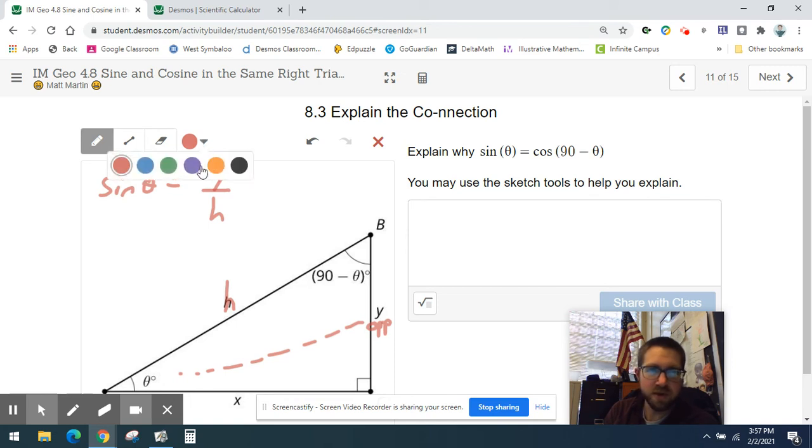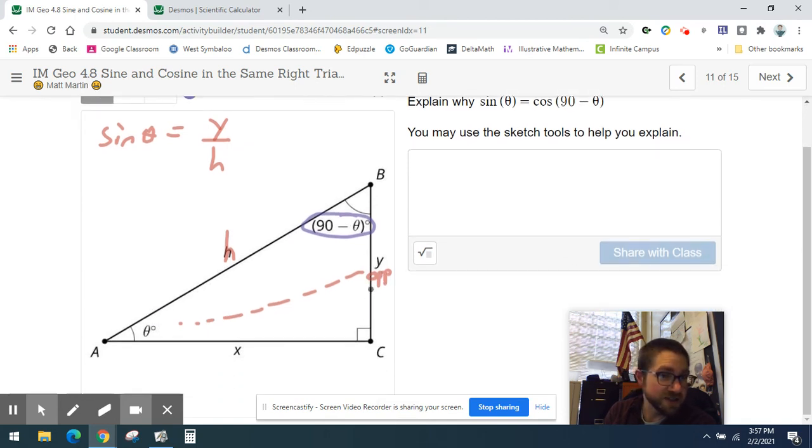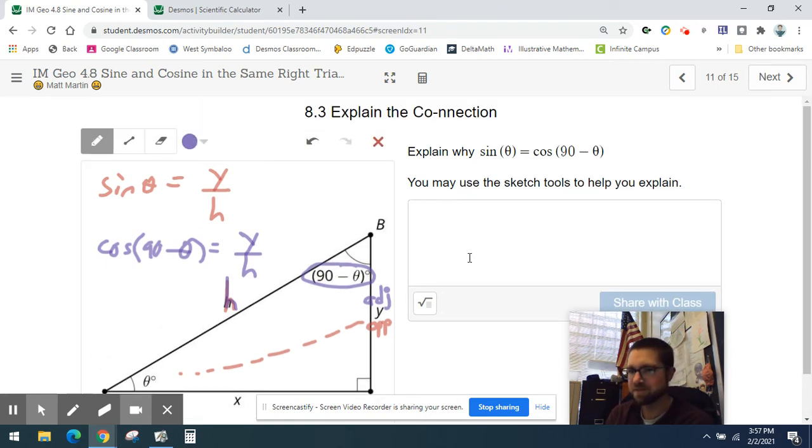But then when I start thinking about the other angle, this angle 90 minus theta, that would have an adjacent side, y, and still the hypotenuse is h. And so cosine of 90 minus theta is equal to the same thing. It's equal to y divided by h, because the opposite side of one angle is the adjacent side of the other angle within a single right triangle. Neat, I think.